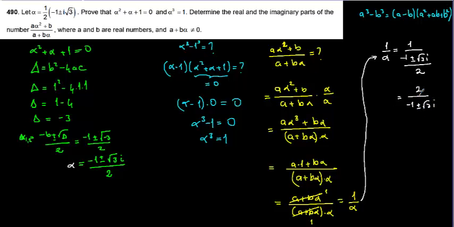And this is an irrational denominator, so this expression is actually equal to this one, but it says to determine the real and imaginary part of the number a. So I need to rationalize the denominator. For rationalizing the complex denominator, I need to multiply by the conjugate.